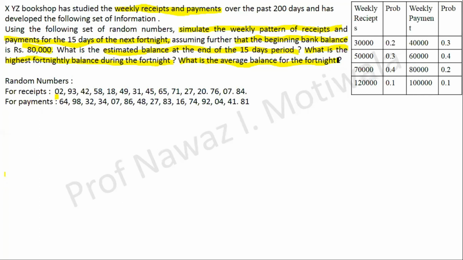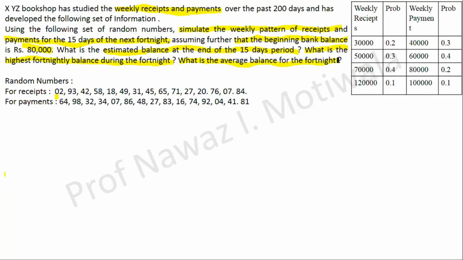So 100 was the receipt and 80 is the payment. So what will be the balance? 100 minus 80, the balance for the first day will be 20. Likewise we have to follow the same process and find out what will be the balance at the end of the 15 days period, starting with the balance of 80,000 on the first day.